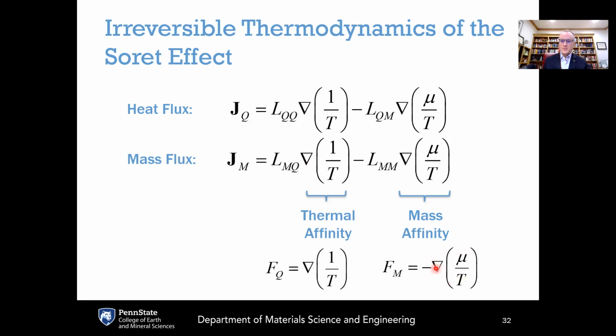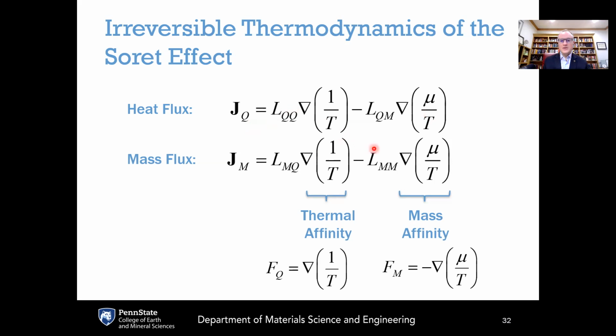So any inhomogeneities in the negative chemical potential over the temperature, that gradient is what gives us the mass affinity. And then we've got the kinetic coefficients out in front. So the L_QM would be how the mass affinity here affects the heat flux, and the L_MM is how the mass affinity affects the mass flux.